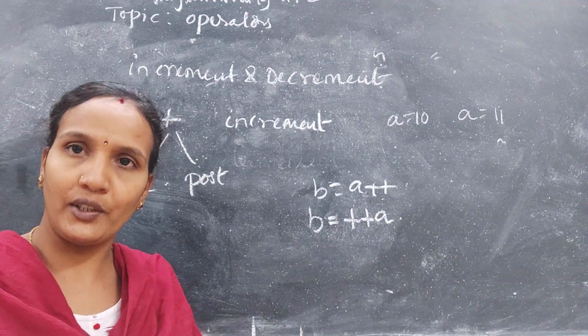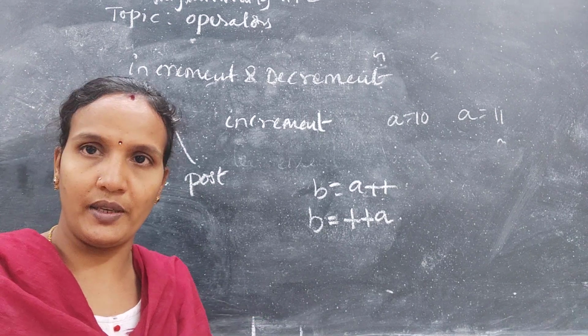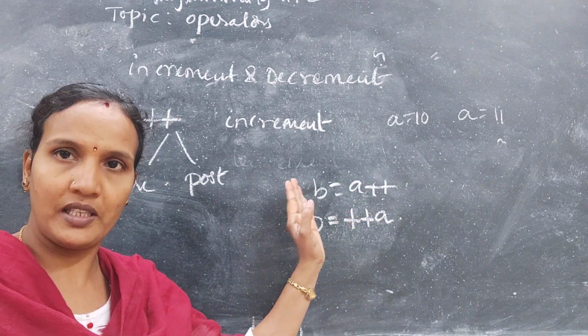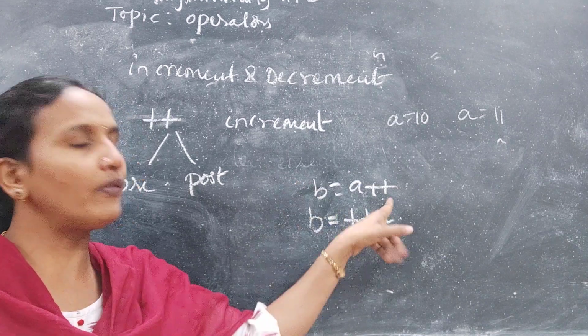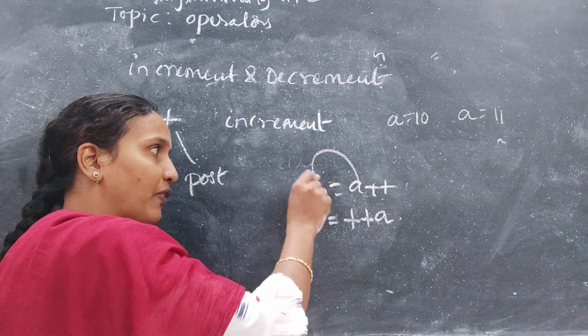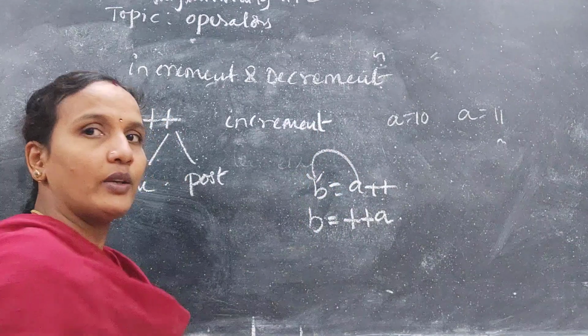So what is the difference then? In a post-increment, the value is first assigned to the left-hand side variable, then the value is incremented. Here, a's value is assigned to b first, then a is incremented.